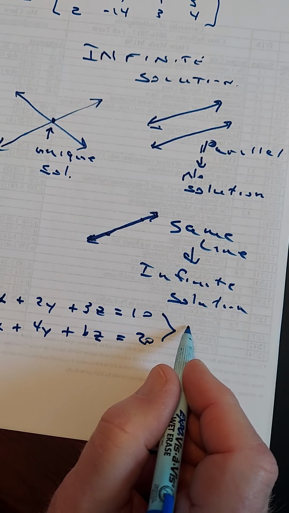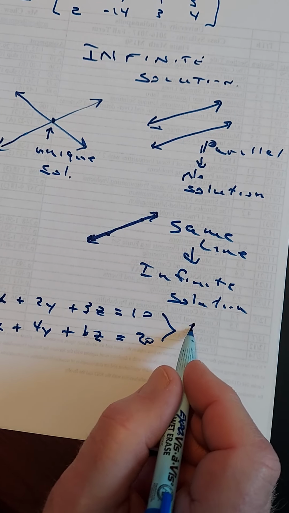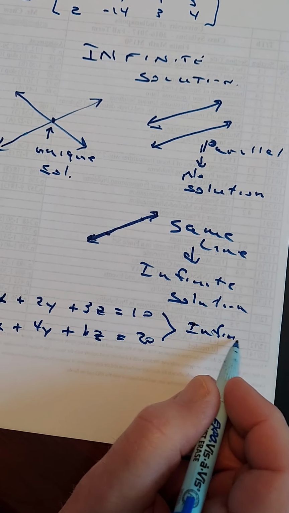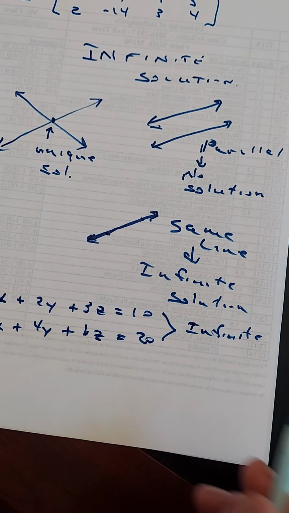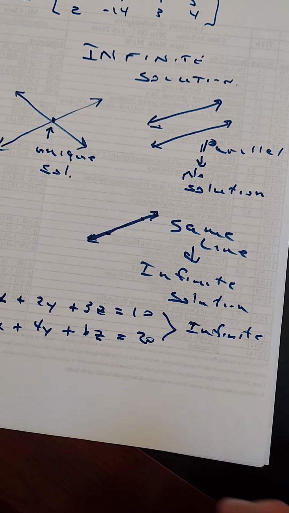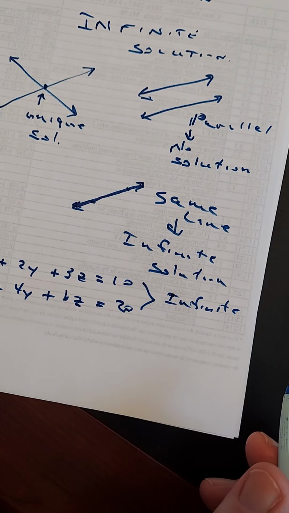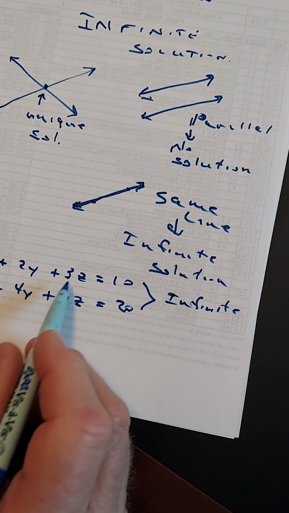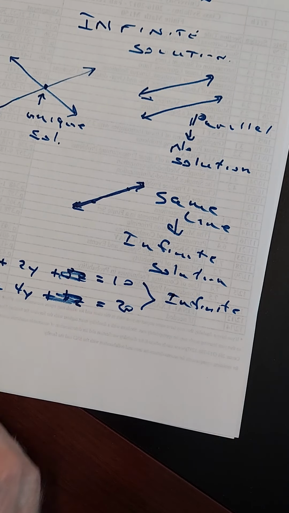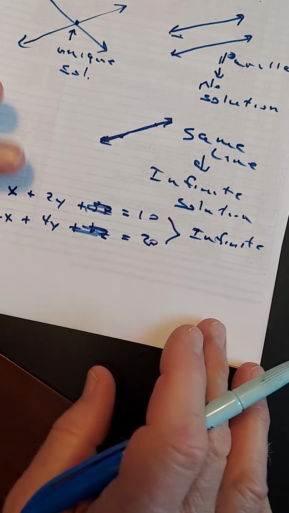When that happens, you're going to get the same line, which is infinite. One equation is a multiple of another. That means it's going to be infinite. Eventually, if you worked it all out, everything drops out. I probably shouldn't have put this in. Just keep it two-dimensional. But when they're multiples of each other, they're really the same line.